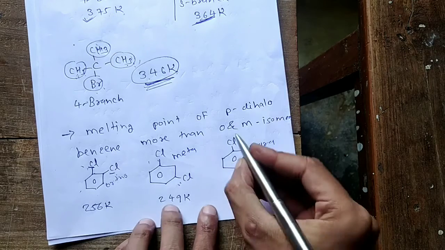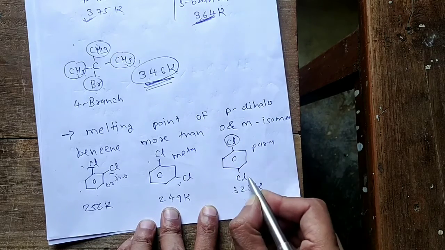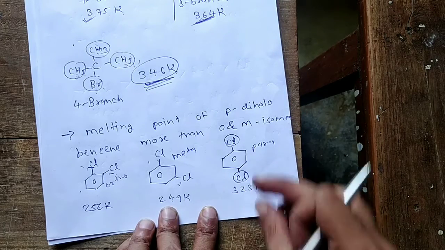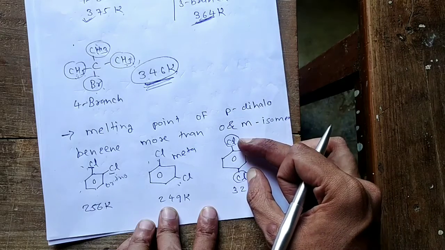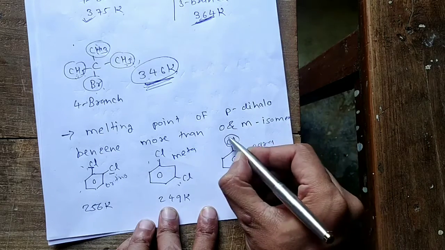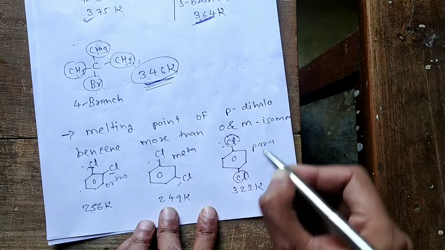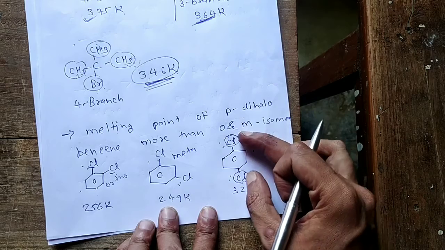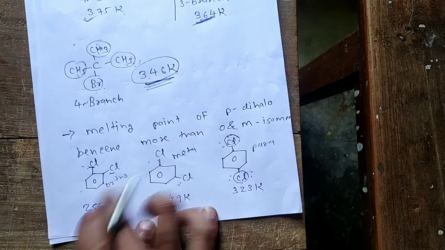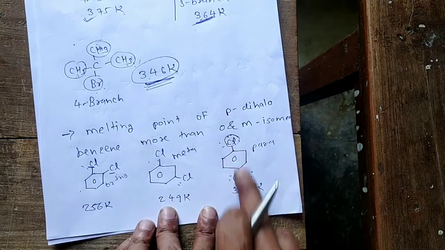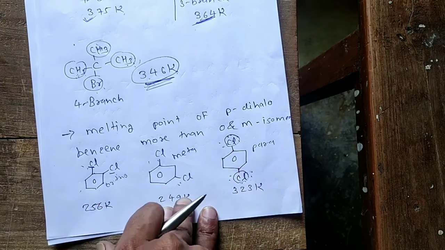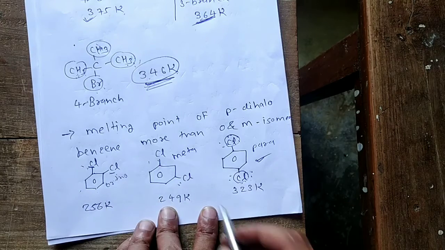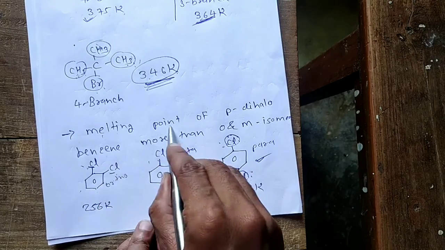Why? Here these 2 chlorines are far from each other. That's why it somehow stabilizes itself, because chlorine has lone pairs of electrons and they are far from each other. So repulsion between electrons is less compared to these both. So it is more stable compared to these both. That's why it has high melting point.